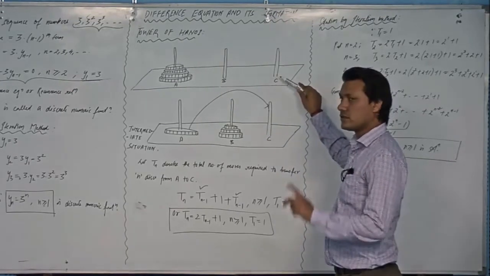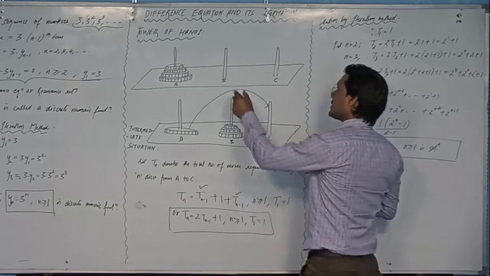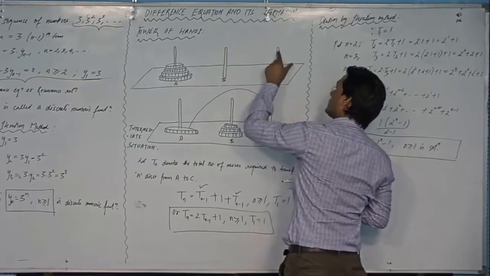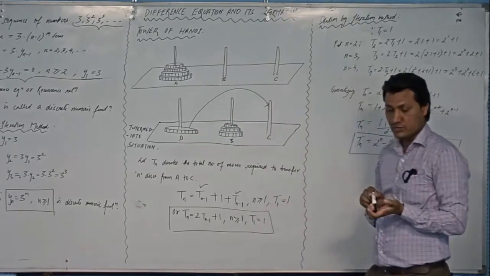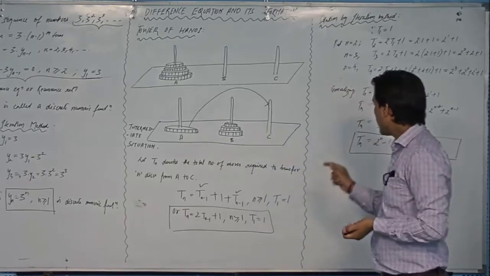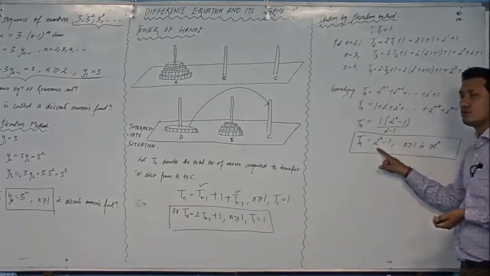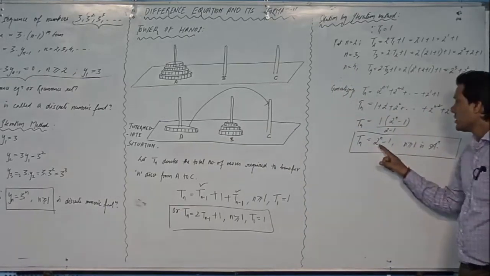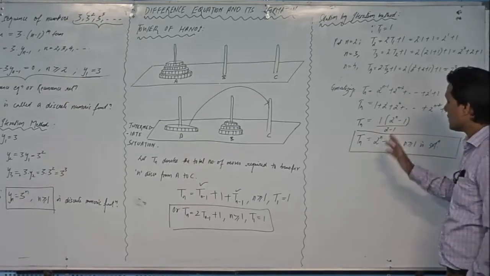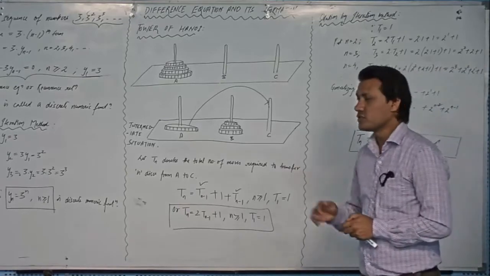And the third and last move will be transfer of that smaller disk from B to C. So ultimately I will be having 3 moves, right? You can visualize this process. And if you put n equal to 2 here for 2 disks, your answer will be 2 square minus 1, that will be equal to 3. So this is indeed the solution of this difference equation, right?